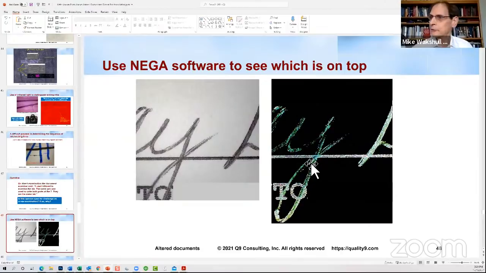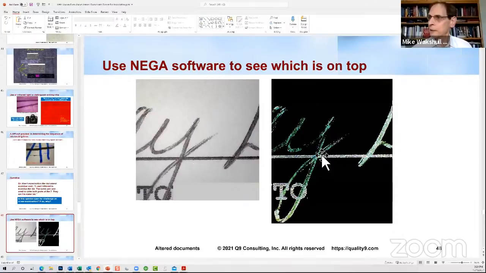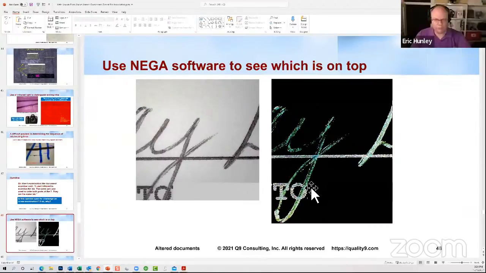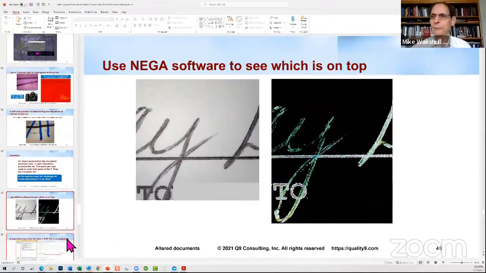So you can clearly see whether the printed text is on top of the handwriting, or the handwriting is on top of the text. And on here, you can see clearly that the handwriting is on top of the printed line. Wow. Yeah, for sure. So that's where I'll use that software. It's a wonderful, wonderful tool.